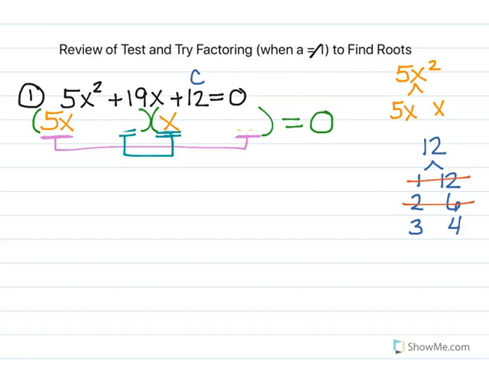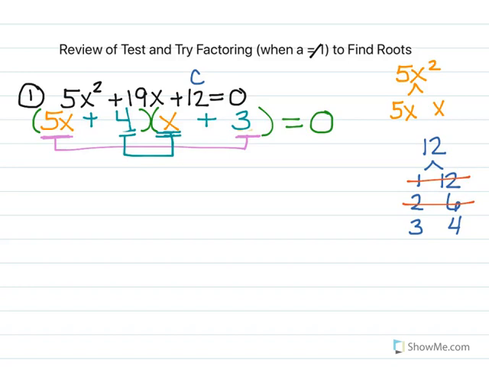I just have to figure out where to put the 3 and the 4, because it does matter. So if I try putting the 4 in the first parenthesis and the 3 in the second, let's see if that works. Now both of these are going to be positive because they have to multiply to a positive 12 and add to a positive term as well.